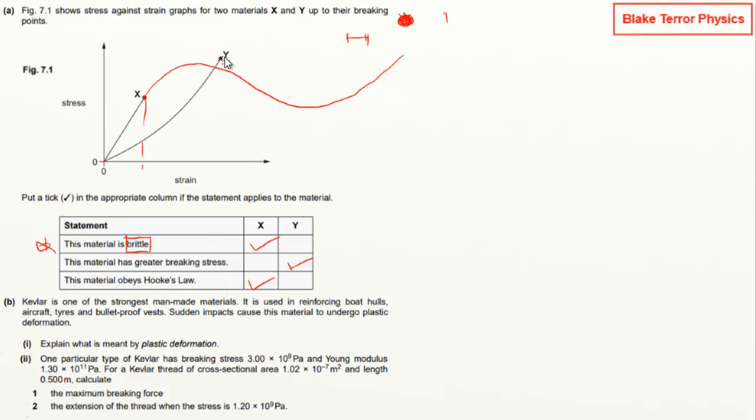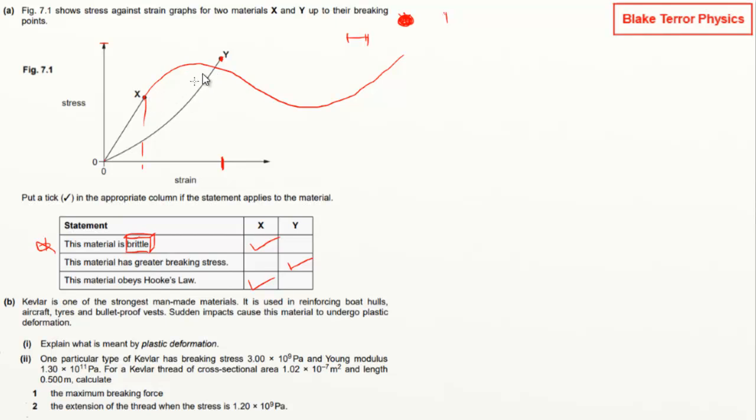Now, the thing with Y is, we're conditioned when we're studying, if we're doing A level or equivalent, that our brittle materials will be obeying Hooke's law, in which case we won't be ticking Y. But in terms of what we're really meaning by brittle, particularly on these scales where we don't know how much of an extension this actually is, we don't know what this strain is here.